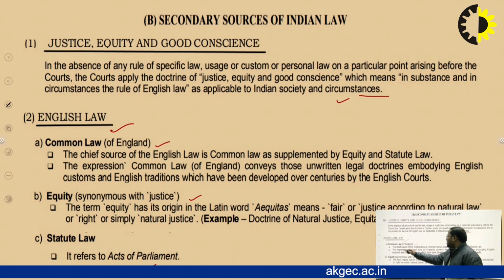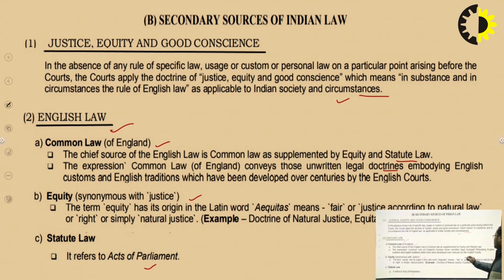In case of common law of England, the chief source of English law is common law as supplemented by equity and statutory law. The expression common law of England conveys those unrelated legal doctrines embodying English custom and English traditions which have been developed over centuries by the English courts.